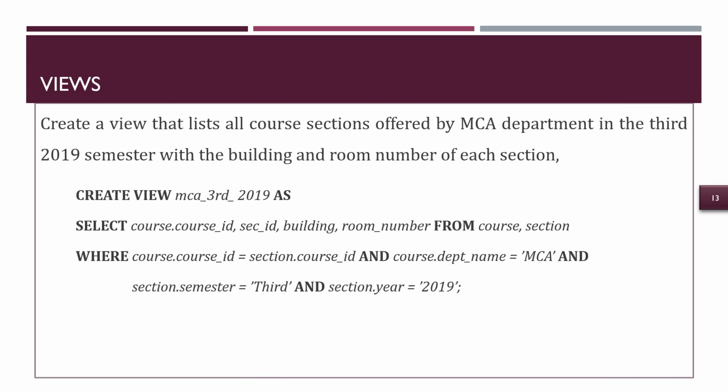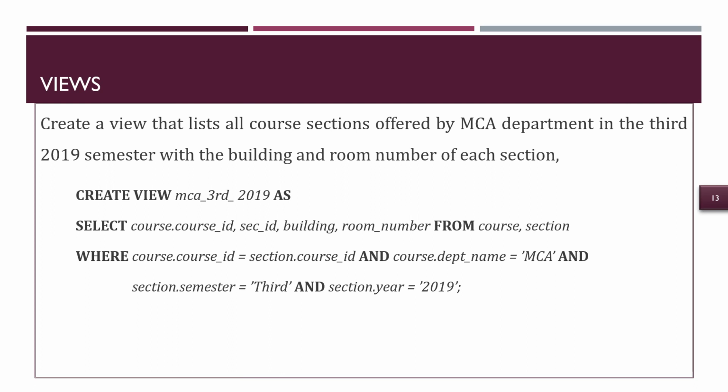So we need to combine these two tables, course and section, and we are going to create a view on these two tables. Create view MCA 3rd 2019, that is the view name, as, then we need to specify the query expression. In this query expression, we have to check some conditions, right?